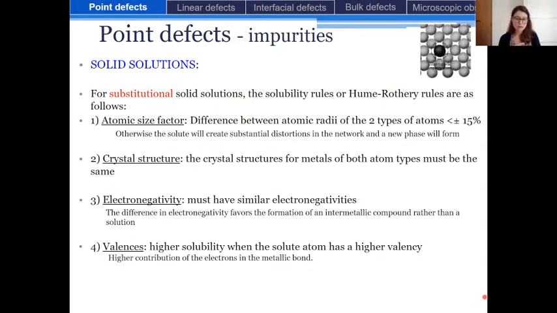And finally, the valencies of the two atoms are very important. Higher solubility is achieved when the solute atom has a higher valency, so we have a higher contribution of the electrons of the solute in the metallic bond.